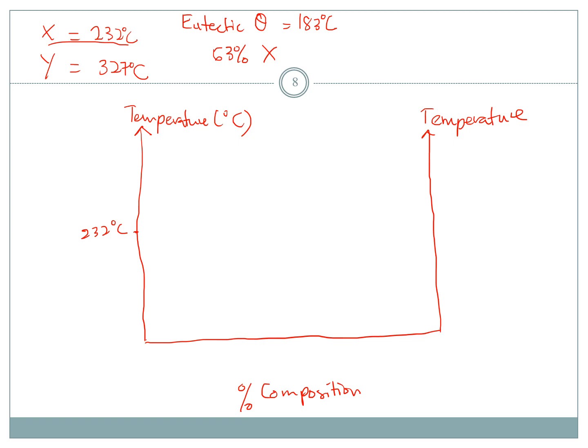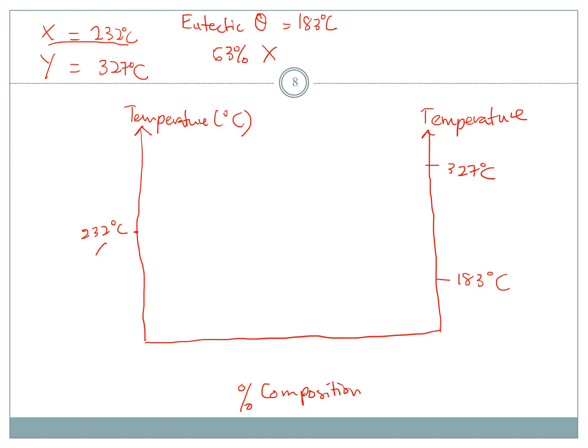And then melting point for Y is 327 degrees Celsius. And then eutectic temperature is 183 degrees Celsius.